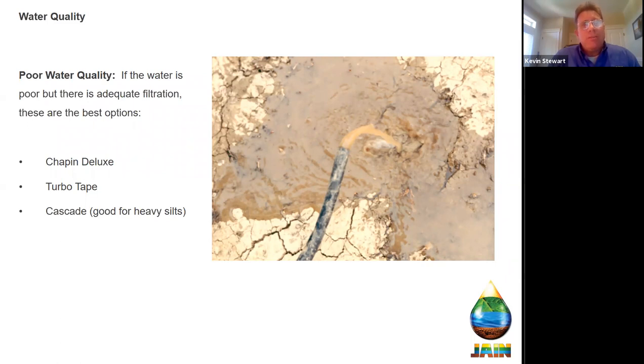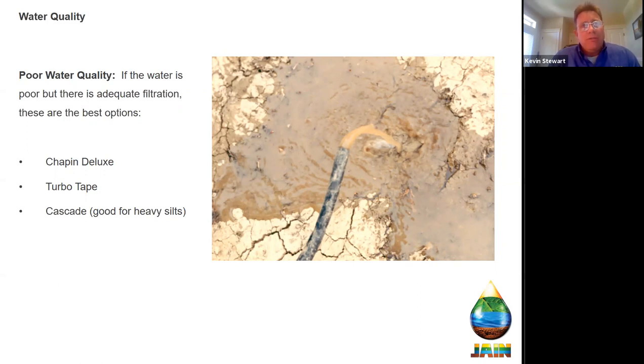Turbo tape is kind of the same concept. We have dual filtering inlets on both sides, very difficult to plug. I will say that if you have a real heavy silt load, probably the best option is to go with that discrete emitter, that small individual emitter in Cascade. It doesn't have very far for the water to travel.